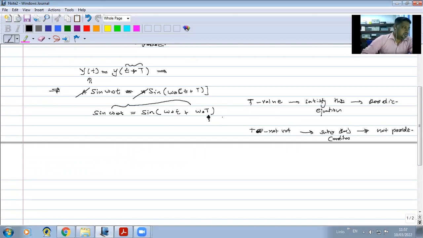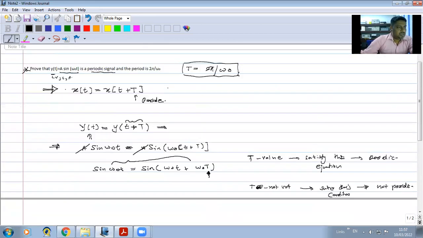So finally, we have to find a value for this T that satisfies this equation. If we go back to our explanation of sine and cosine signals, I explained it using a circle. That is the basic idea of a sine wave.